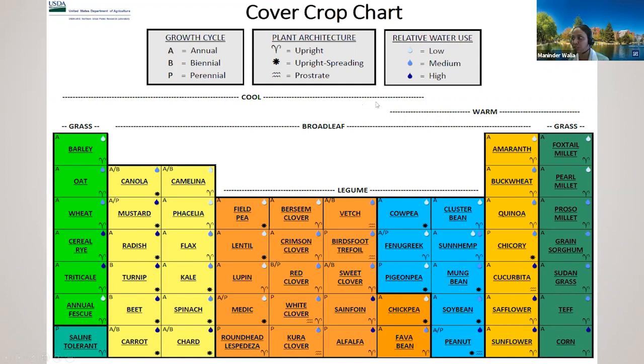They do have the cool season options, the warm season options, grasses, broadleaves, legumes, and then it also tells you about their water use, if they have low, medium, or high water requirements, and also the plant architecture, if you want upright or prostrate. So it would be good if you just look up the cover crop USDA chart, it will pop up and you can decide based upon your needs.